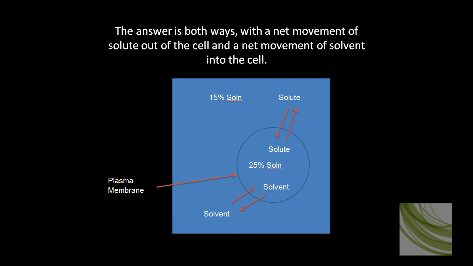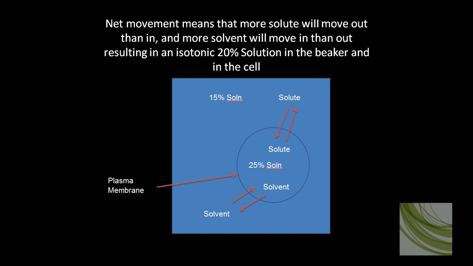At first that may sound a little confusing, but if you think about it, you'll understand that if solute can move across the membrane, obviously it's going to go back and forth, and solvent the same way. But that's where we get net movement, and net movement is what we're looking at when we're trying to reach an isotonic state. To recap, net movement means that more solute will move out than in, and more solvent will move in than out, resulting in that isotonic 20% solution in both the beaker and the cell.